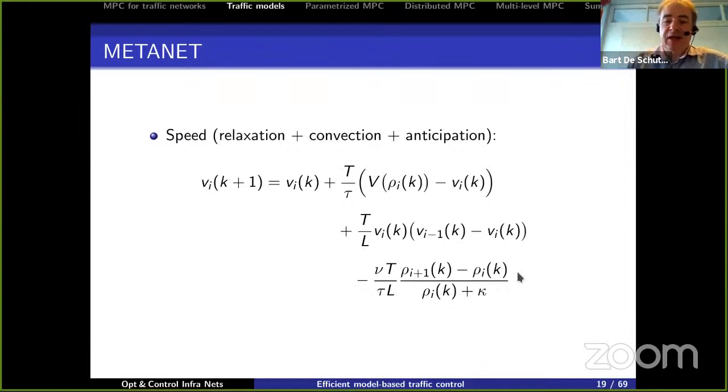And finally, we have an anticipation term that expresses that if the density in the downstream, so in the next segment, is higher than the density in the current segment, then vehicles see that there's a traffic jam ahead and they will decrease their speed. That's why you have a minus sign here. And with these three phenomena, we then update the speed in the current section.